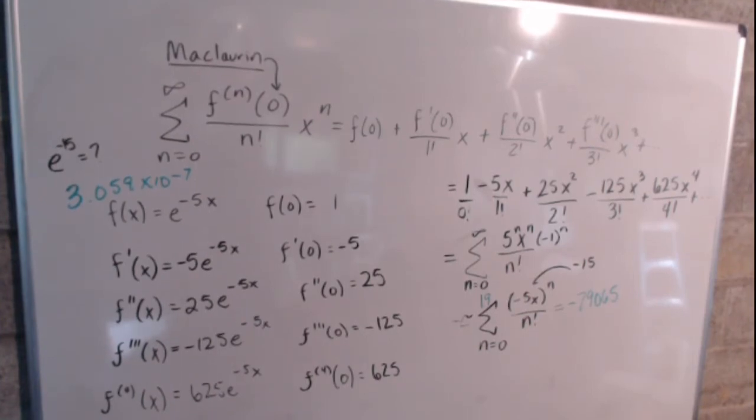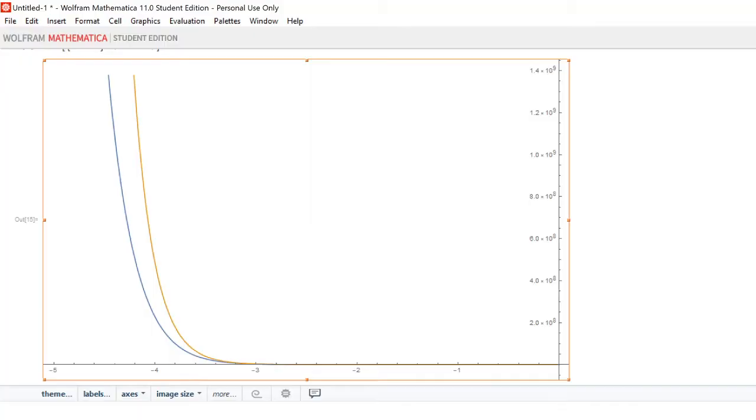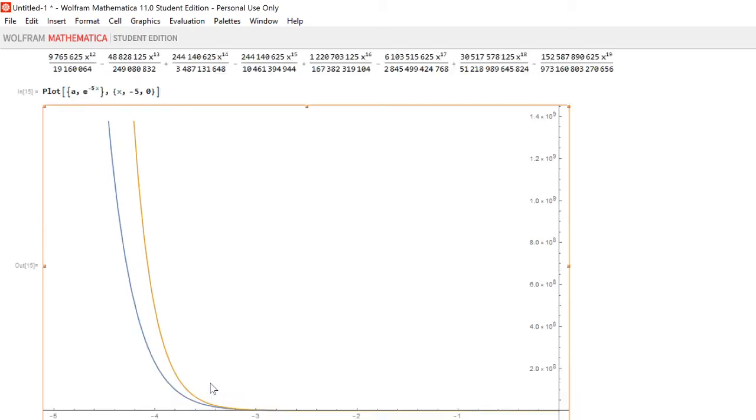Can you all see the graph okay? All right, so this graph here is of the exponential, which is the yellow, and the blue, I think the yellow is the exponential.